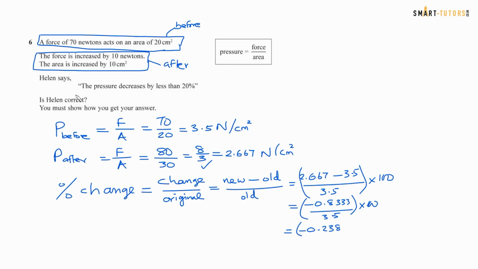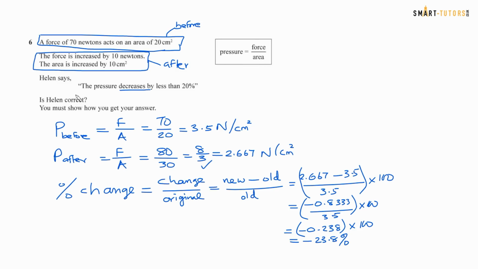Right, so this is the new, and you need to put a times 100 to make it a percentage. So that will come to minus 23.8 percent.